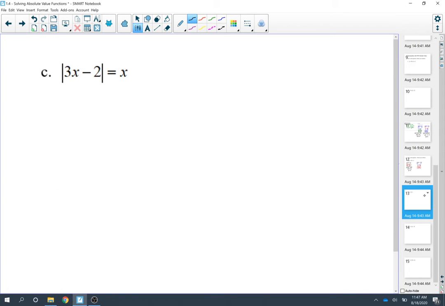Letter C, absolute value of 3x minus 2 equals x. So same idea. We're going to take our absolute value, 3x minus 2 equals x, and then 3x minus 2 equals negative x. On our first one, I'm going to try to get my variables together. So I have a constant on the left.